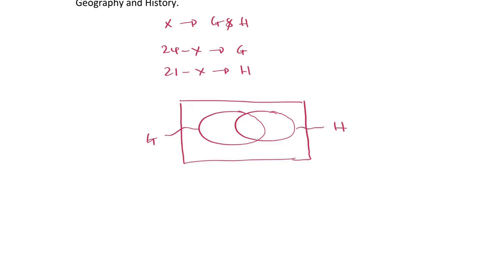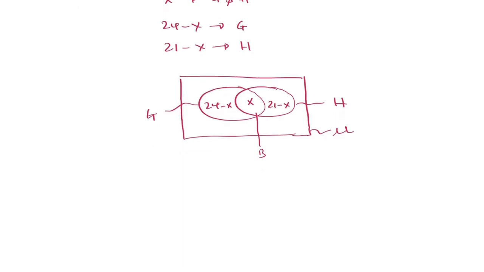And here is for both. And this one is our universal set. Okay, so for geography, we have 24 minus x. And for both, we have x. And for history, we have 21 minus x.